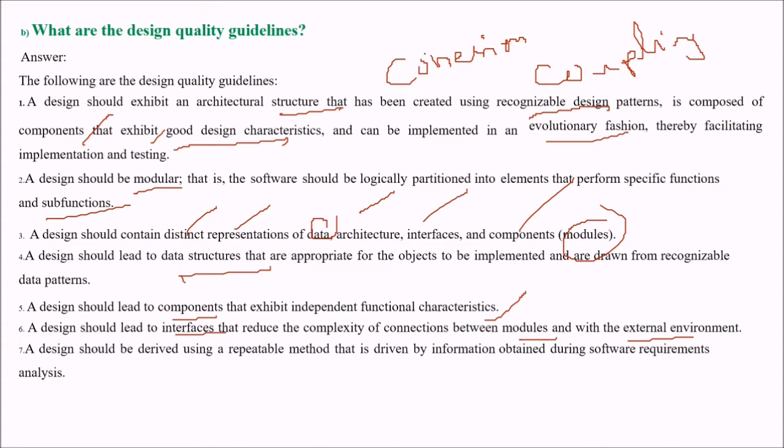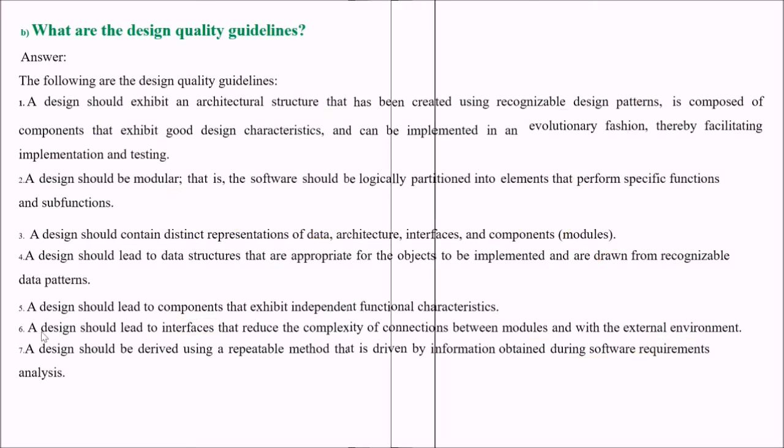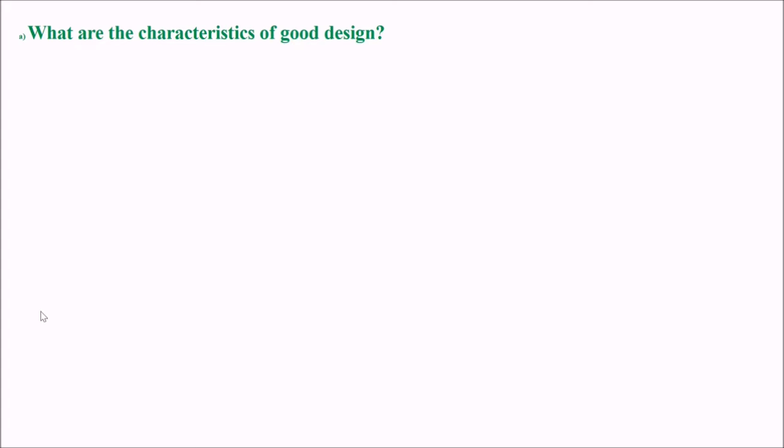Cohesion should be strong. Coupling should be as low as possible between the modules. The design should be derived using a repeatable method that is driven by information obtained during software requirements analysis. Hence, design should be traceable to the requirements. First comes high level design, then low level design. High level design is sometimes also known as the architecture.